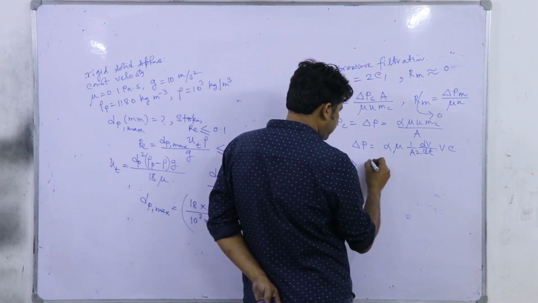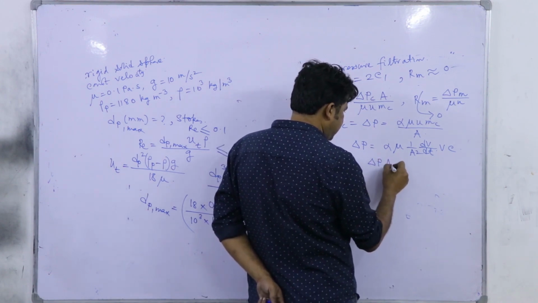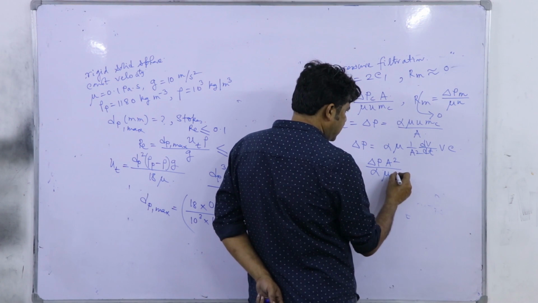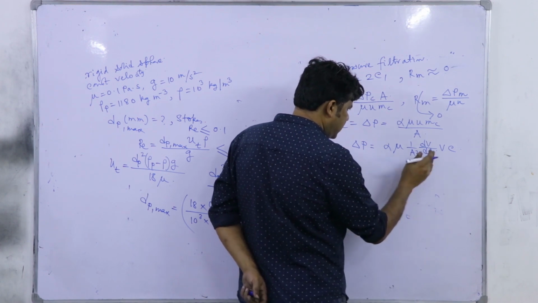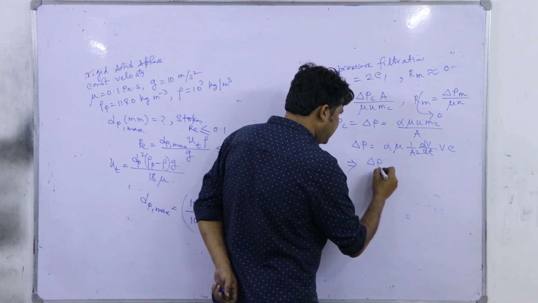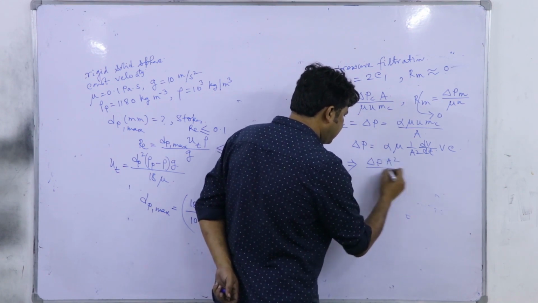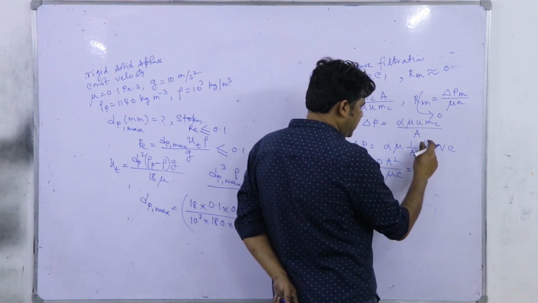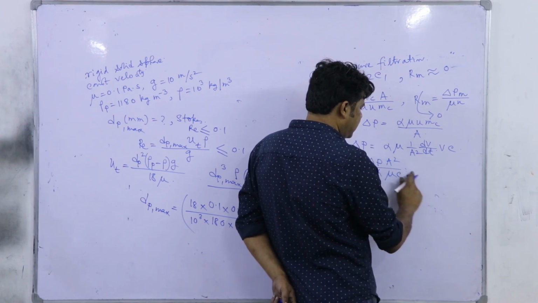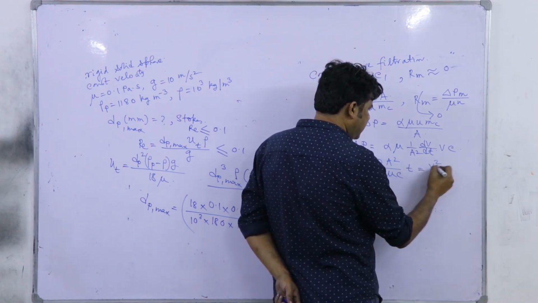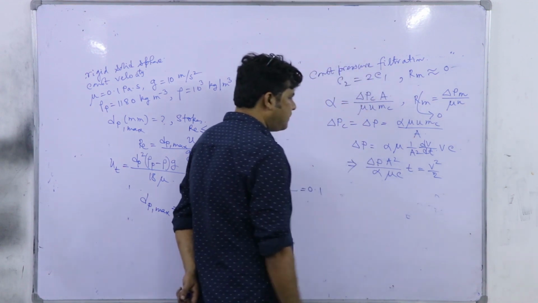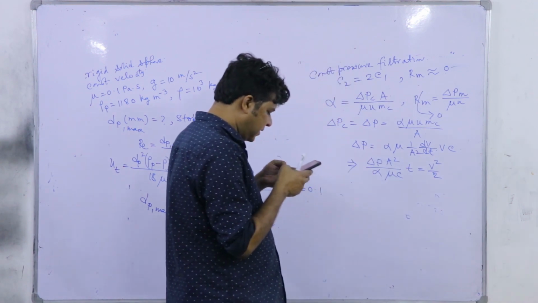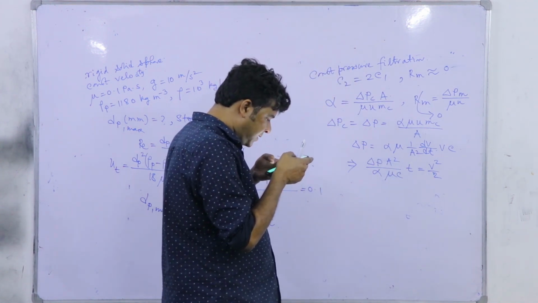So we have delta P into A squared divided by alpha into mu into C, equal to dV/dt into V. So this multiplied by T will be equal to V square by 2. Right? So that's the relation.